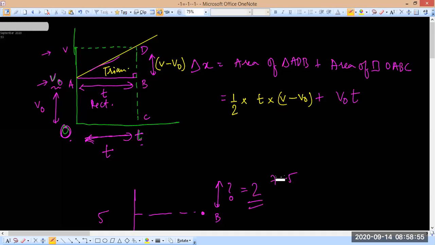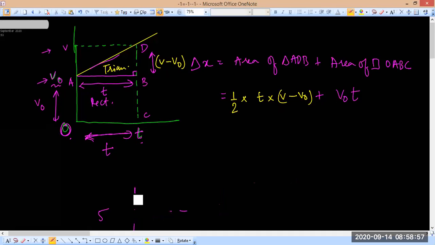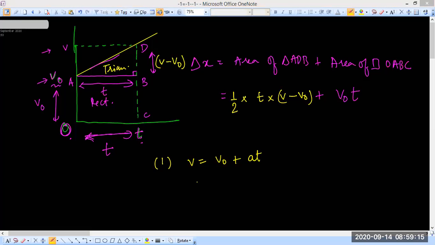So we are going to simplify this. There's one more step that we are going to do. If you look at the first equation that we wrote, it was V equal to V0 plus at. Yes, Arkan, do you have a question? So what is V minus V0?